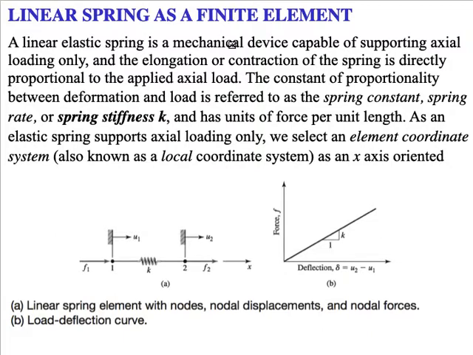If you see the linear spring as a finite element, this is a linear spring attached with u1 and u2 displacements. A linear elastic spring is a mechanical device capable of supporting axial loading only, and an elongation or contraction of the spring is directly proportional to the applied axial load.